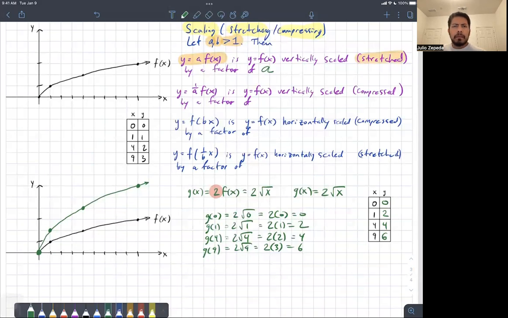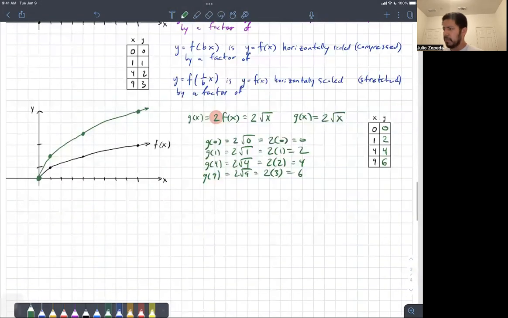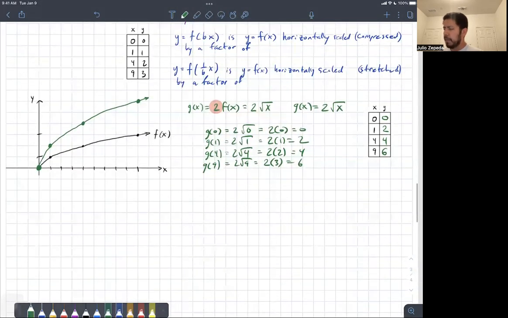Okay, so sometimes students will ask, well, what if a is less than 1? And for the sake of time, maybe I won't show. Actually, I can maybe quickly just do it.